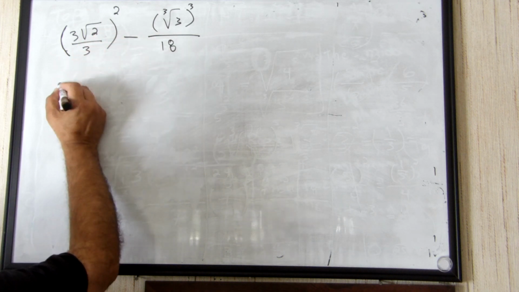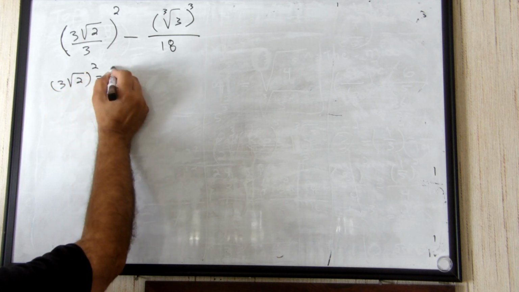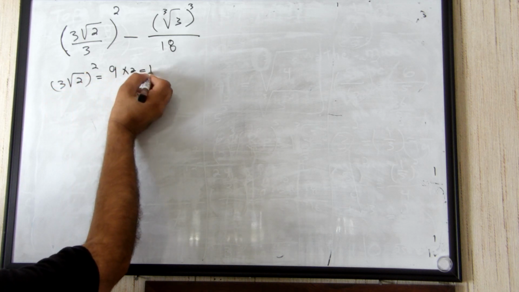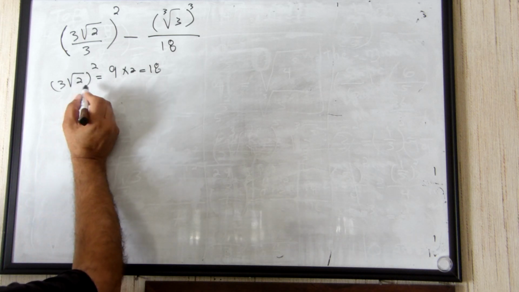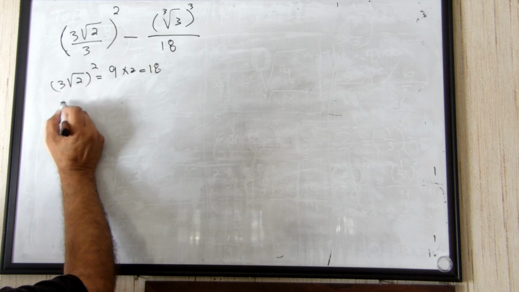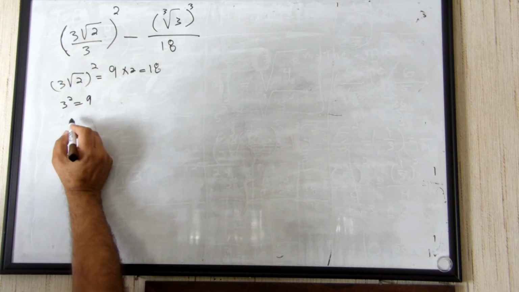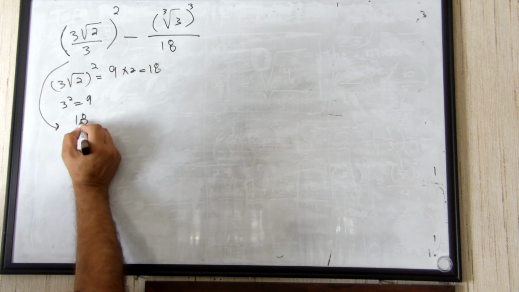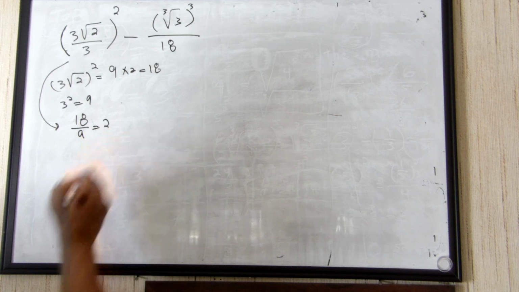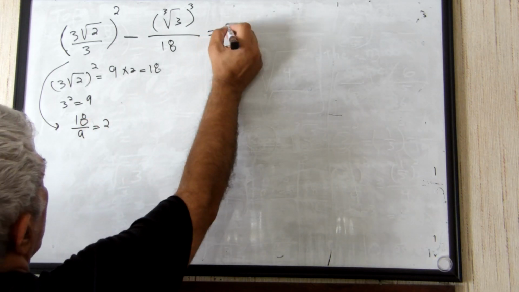So this is going to be 3 radical 2 to the power of 2. It's going to be 9 times 2, which is 18. And then 3 to the power of 2 is going to be 9. So the whole thing is going to be 18 over 9, which is 2. Okay. So this is equal to 2.